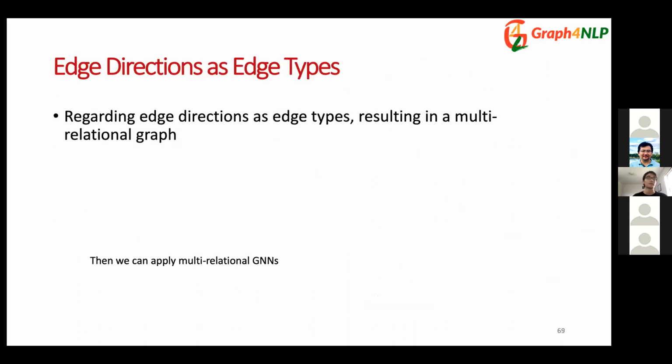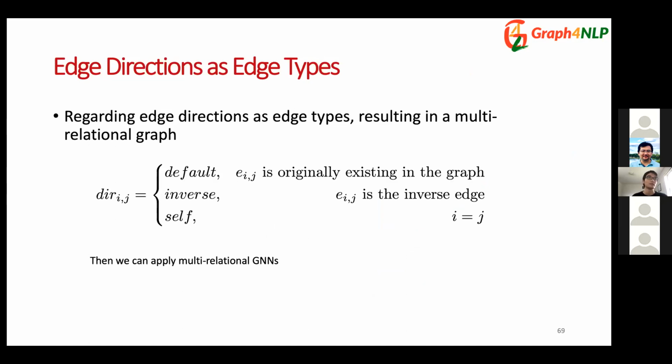So for the second strategy, which is to regard edge directions as edge types, this is actually quite straightforward. The idea is to simply regard edge directions as edge types. Then we can convert a directed graph to a multi-relational graph. As a result, we can have three types of edges.